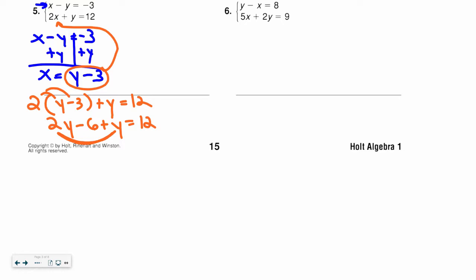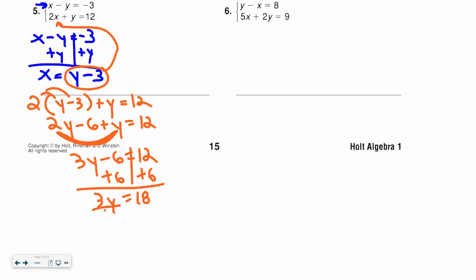I combine these y's, so it's 3y minus 6 equals 12. I can then solve for y. So I have y equals 6.